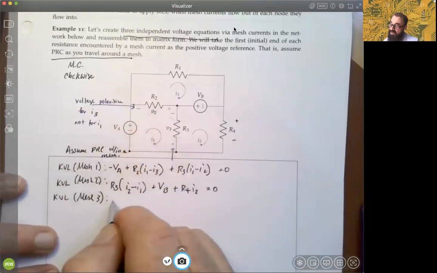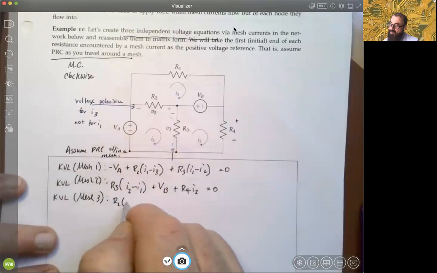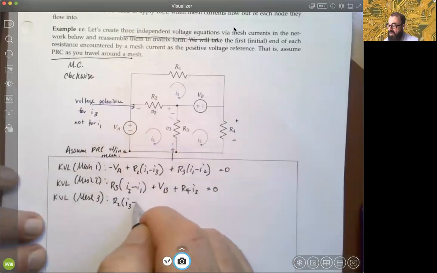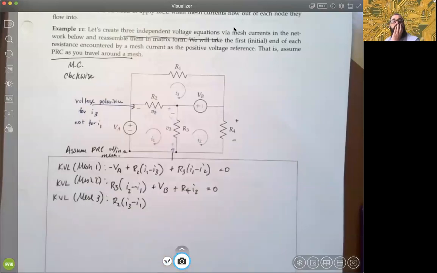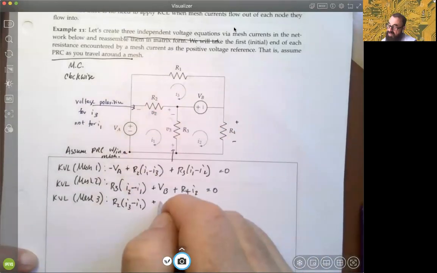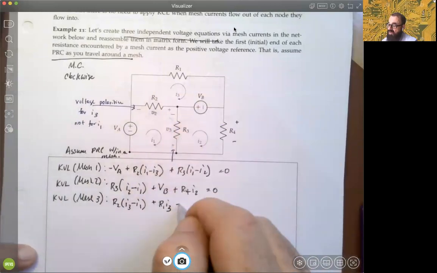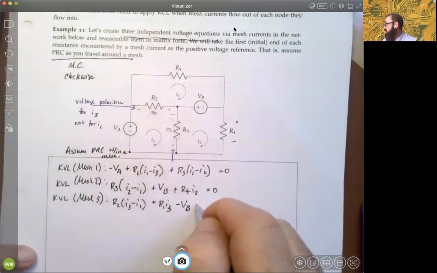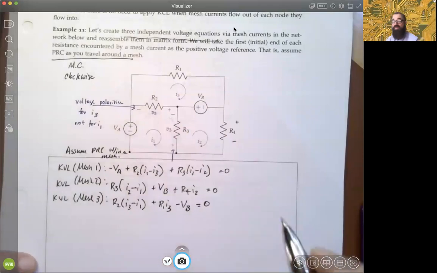And so what we would have is R2 would be multiplied by what? I3, and it's shared by I1, so we'll have minus I1, okay? And then if we come up through R1, there's only the mesh current itself, so it'll be R1 times I3, and then coming back through, we come into the negative polarity of VB, so we minus VB equals 0, okay?